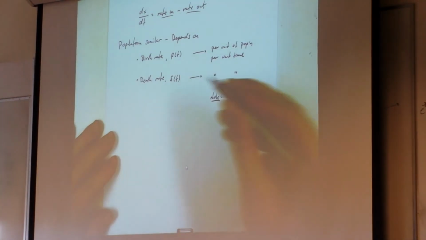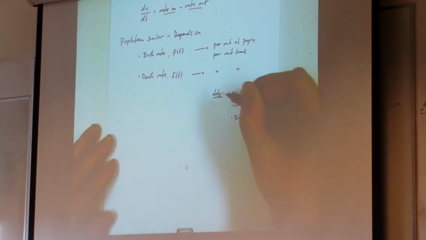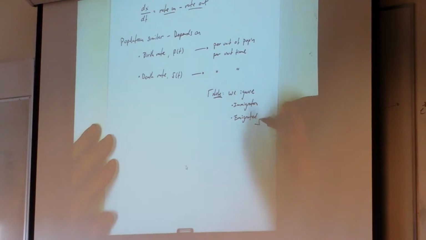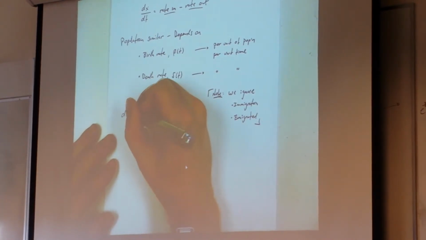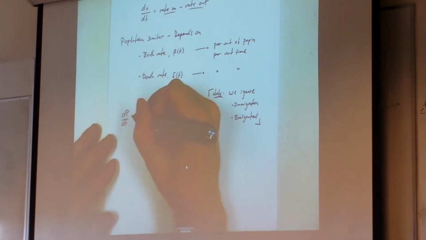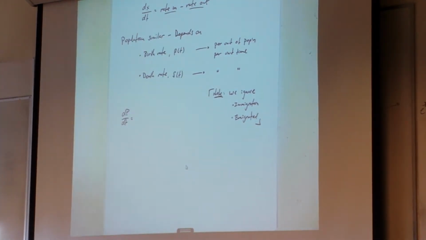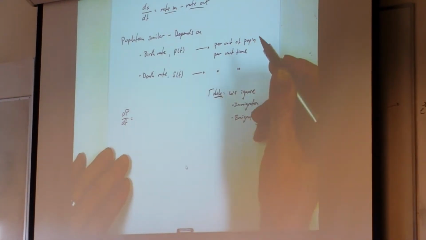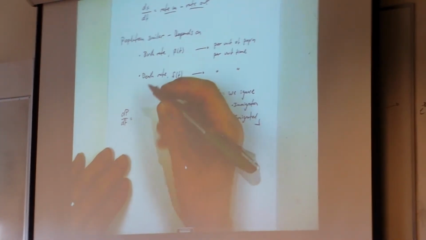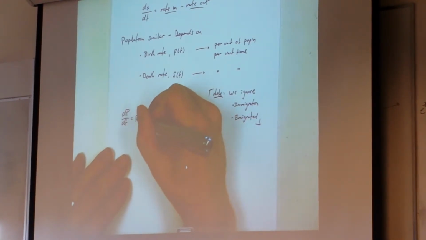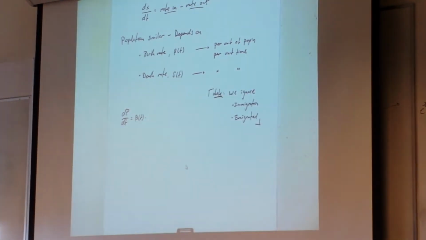All right, so we can think of the rate of change of this population, dP/dt, just like we talked about the rate in: a certain amount of solution per minute times the concentration. So we let P represent the population at any time t, and it's a birth rate times the number of people there.